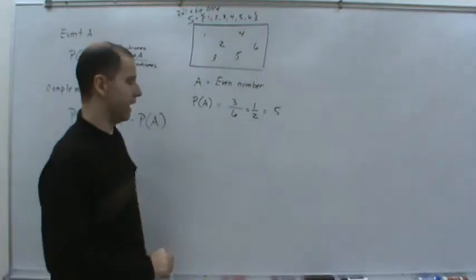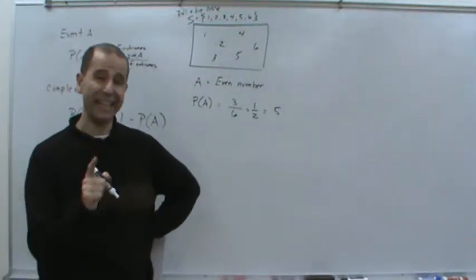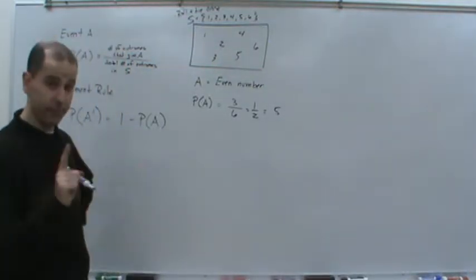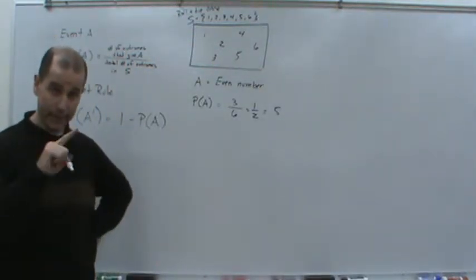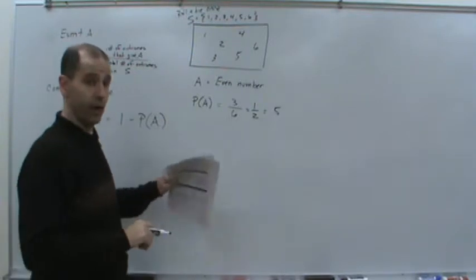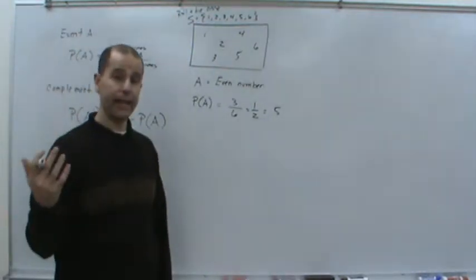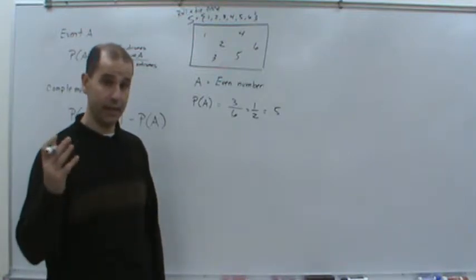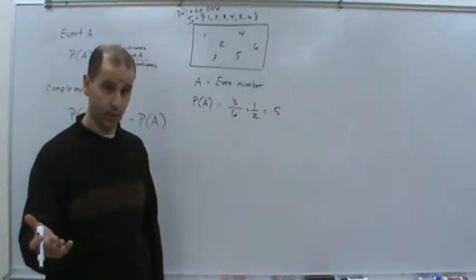What if I wanted to calculate the complement? So what is the complement of A in this case, right? So here's the definition of the complement. So write this down. The complement of an event is all of the outcomes that don't give me that event.